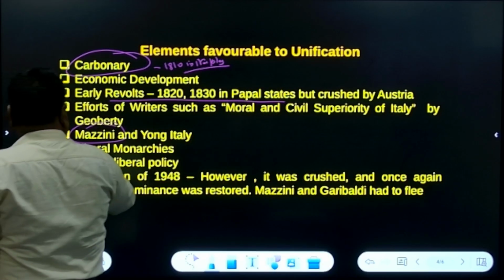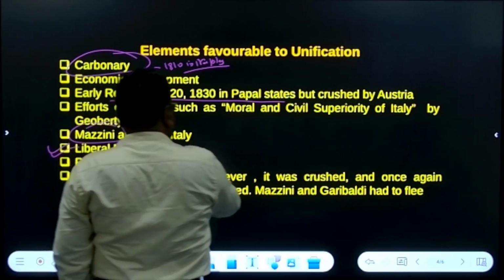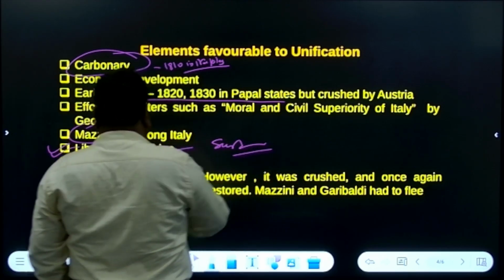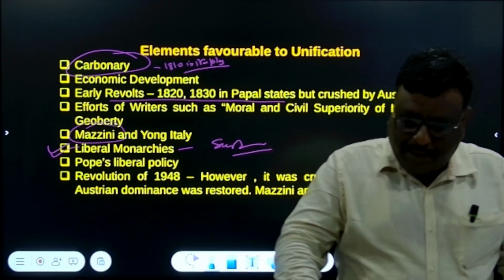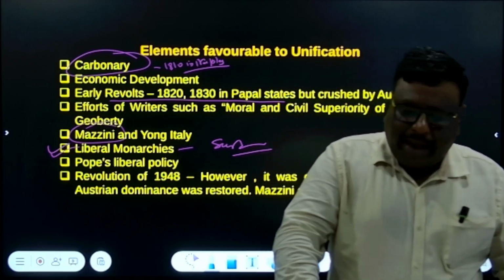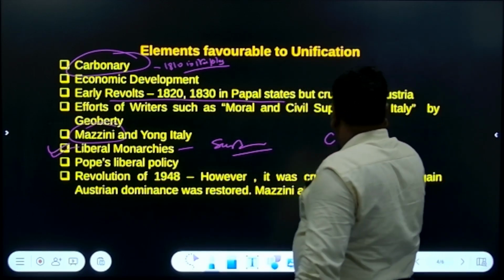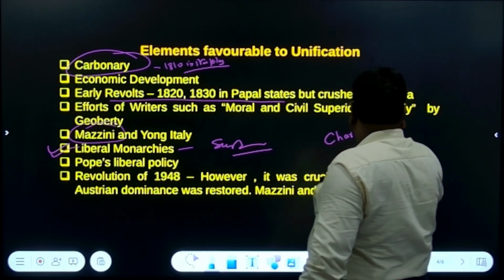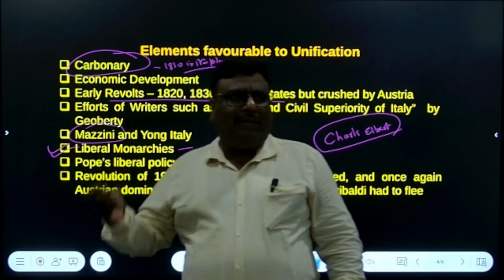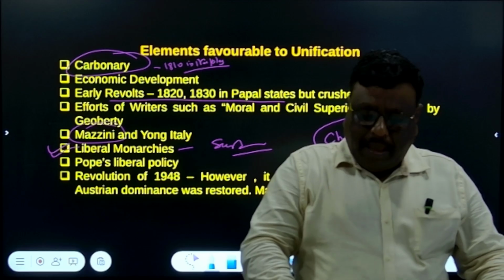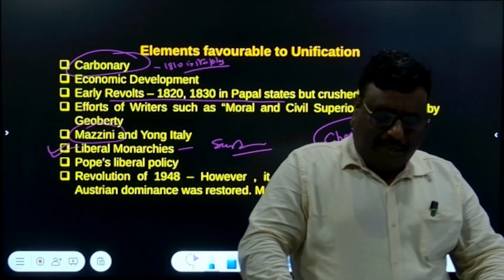Another element which was responsible for the unification of Italy was the liberal monarchies of Sardinia and Piedmont. Sardinia and Piedmont were liberal monarchies, and Charles Albert was the king of Sardinia, and he brought several liberal reforms in his country.